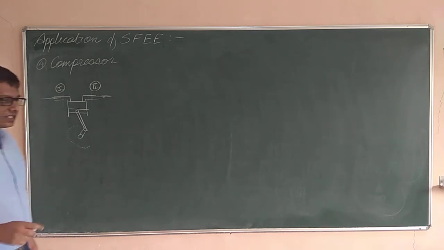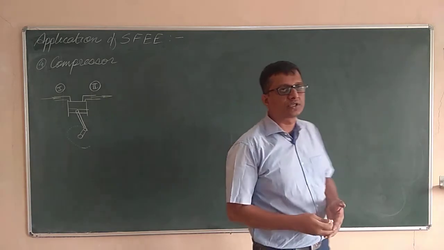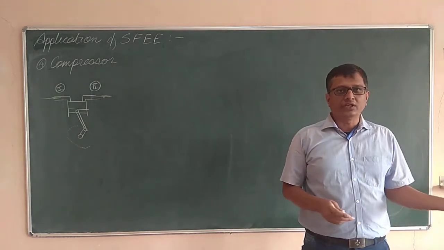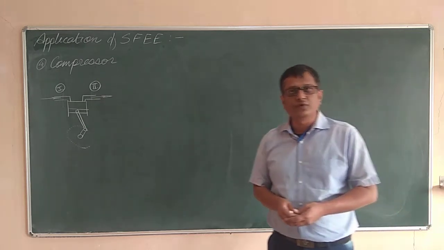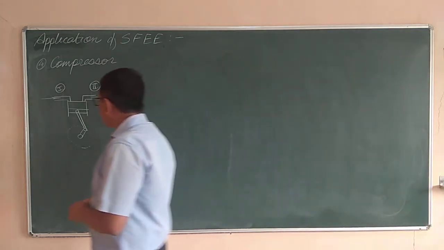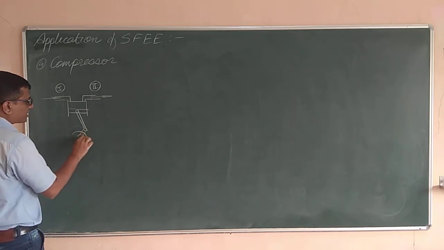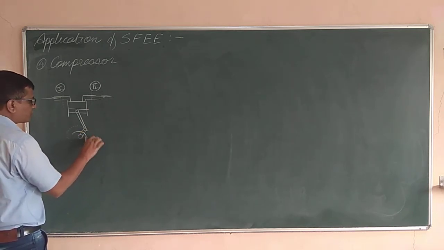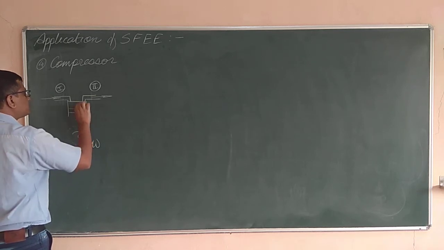Now you have seen the compressor. You might have seen a compressor in a garage when you need to fill air into the tire of your vehicle. In the compressor, we need to run the compressor by providing some mechanical work. So work is transferred over here, work is absorbed by the system.